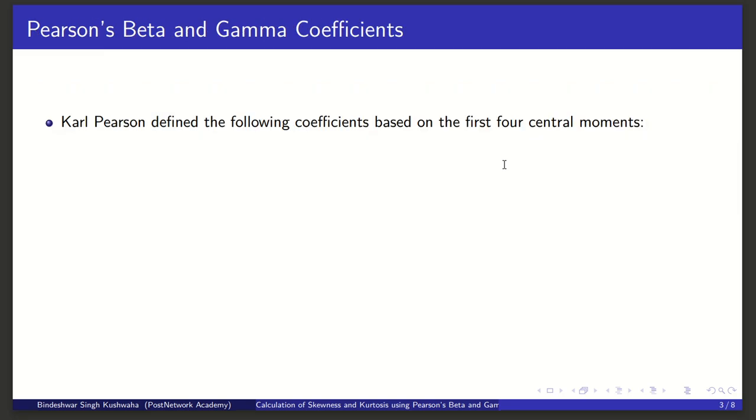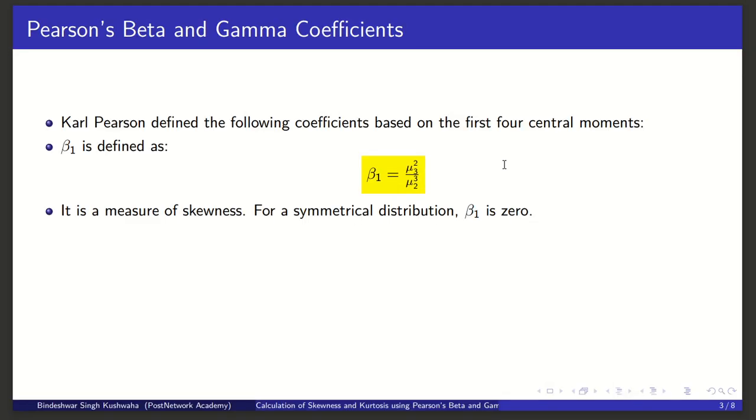Now, Karl Pearson defined the following coefficients based on the first four central moments. The first coefficient, beta 1, is defined as mu3 square upon mu2 cube, where mu3 is the third moment about the mean and mu2 is the second moment about the mean. It is a measure of skewness. For a symmetrical distribution, beta 1 should be 0.